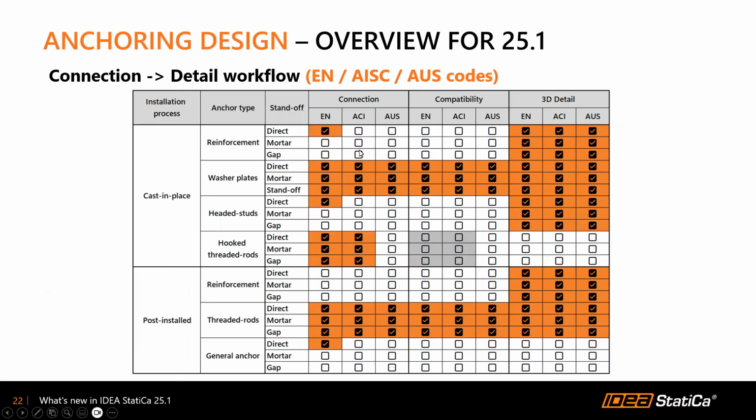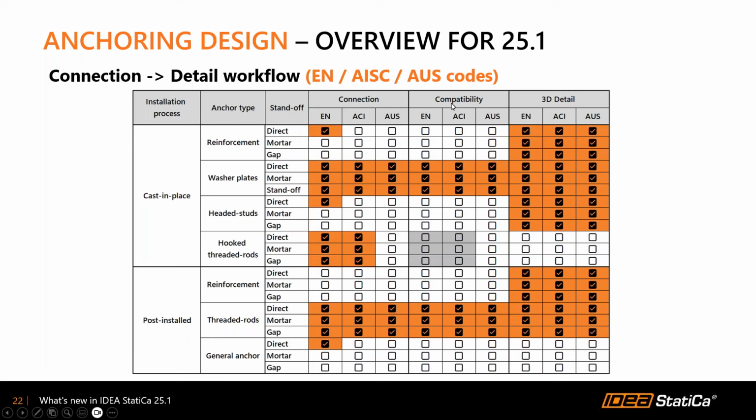And to summarize, because we have added a lot from the perspective of cast in place and post installed anchors, there can be a mess around what we are able to export, what is allowed in the connection, and what is allowed in the 3D detail. So we produced this table and outlined it here, that as you can see, for Eurocode, ACI, AISC and Australian code, what we support in the connection app.